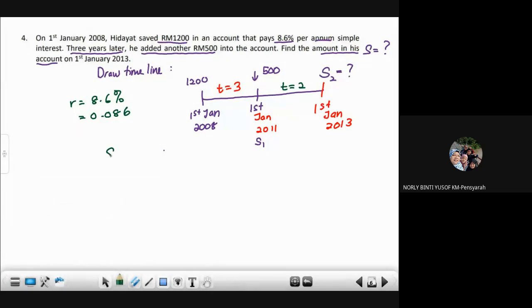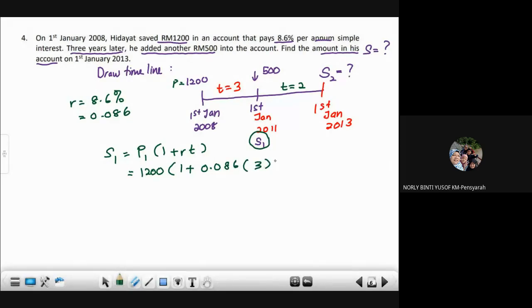So using the formula P(1 plus RT). Nak cari yang dulu, S yang pertama. Okay, so P dia, principal yang pertama ni lah. That means your principal, kalau you nak letak pun tak apa, 1,200. And then 1 plus 0.086 darab dengan time dia 3 years.